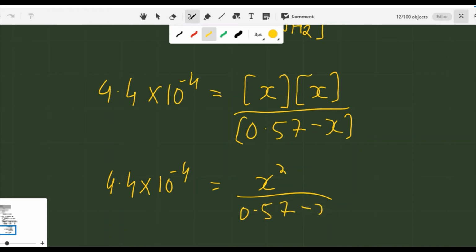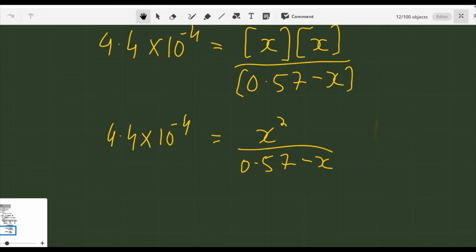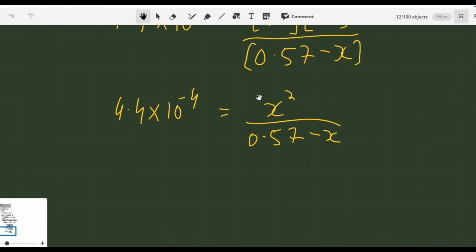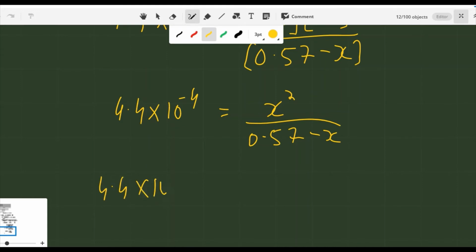0.57 minus x. Now you need to multiply 0.57 minus x by 4.4 times 10 to negative 4, because it is present in the denominator, so when we shift it to the left side, it goes into the numerator. So 4.4 times 10 to negative 4 into 0.57 minus x is equal to x square.